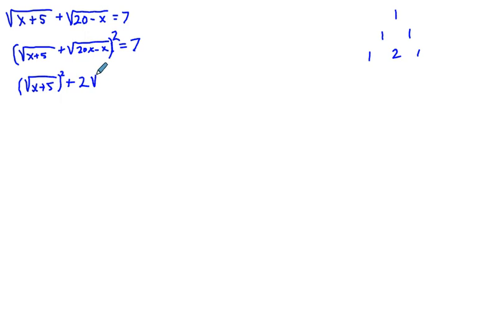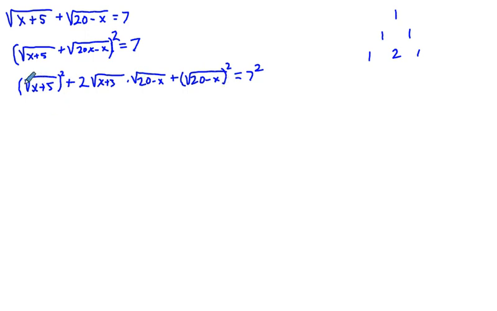So 2 times the square root of quantity x plus 5 times the square root of quantity 20 minus x, plus the square root of quantity 20 minus x squared, is equal to 7 squared. So that's how we square both sides of this equation.